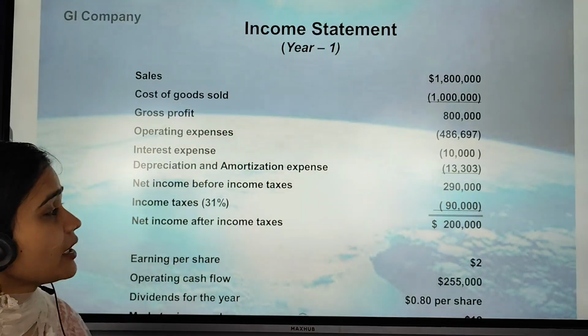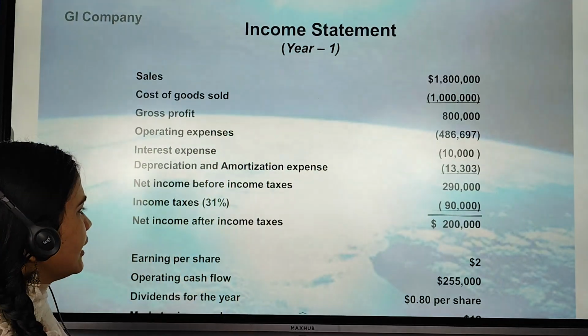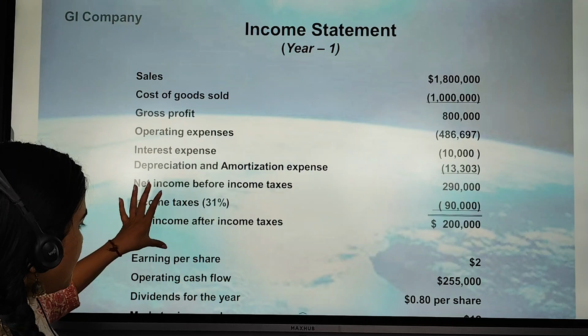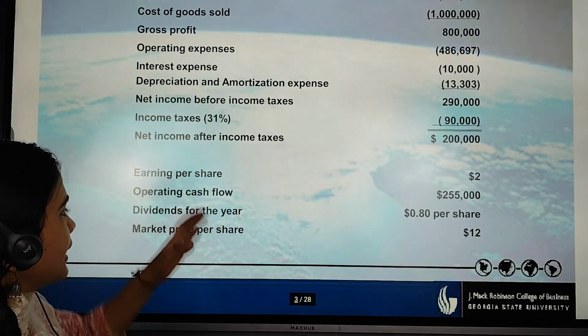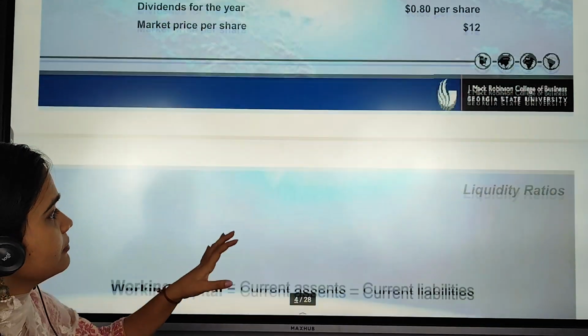Income tax, as per the given data, is 31%, that is 90,000, and net income after income tax is 2 lakh. Then we have earnings per share, operating cash flow, dividend for the year, and market price per share.